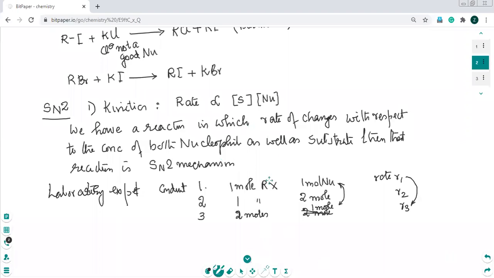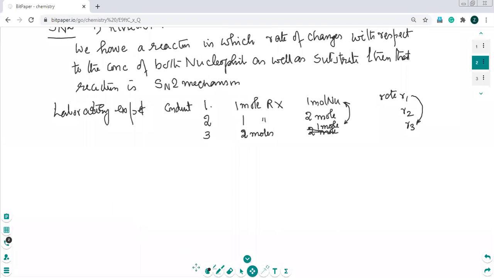So this is the first characteristic. Now an example, as I have told you: CH3Br plus OH minus gives CH3OH plus Br minus.